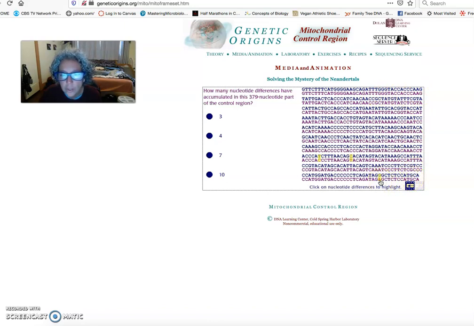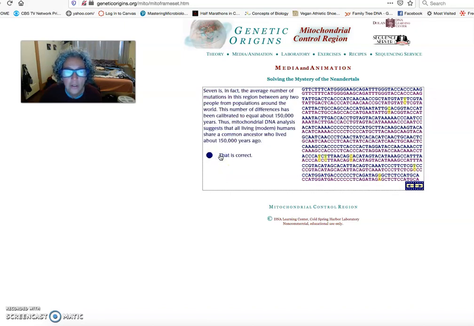Up 3. It's like the world's most boring puzzle, just looking at letters that mismatch. If I say 3, 7. All right, so the number of differences has been calibrated to equal about 150,000 years.